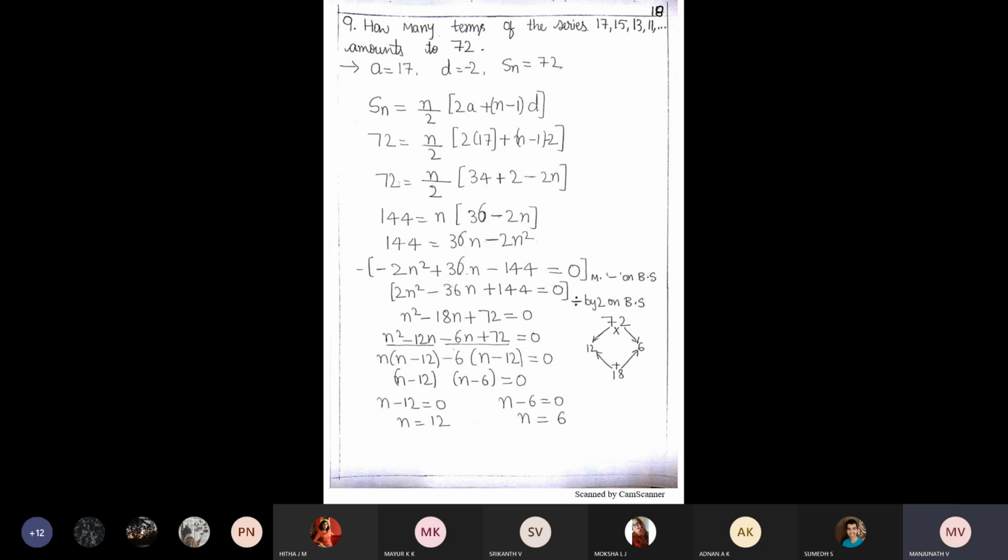Plus 1 minus 1 gets cancelled. Plus 3 minus 3 gets cancelled. Plus 5 minus 5 gets cancelled. And the remaining is the same thing, that's 6 terms only. You got it? Shall I continue? Move on to the next one.